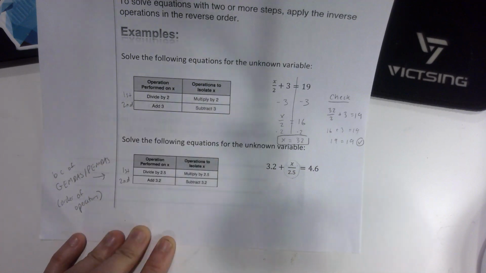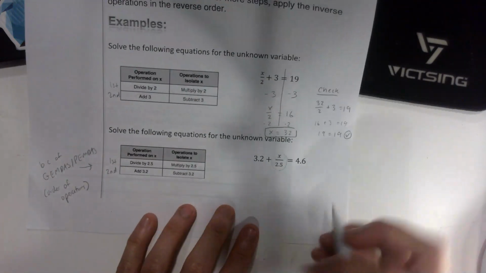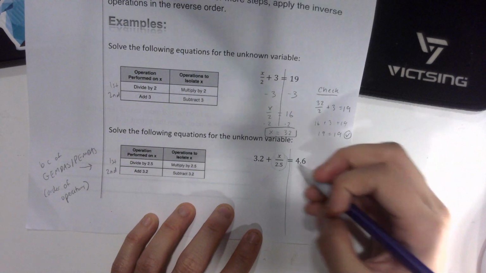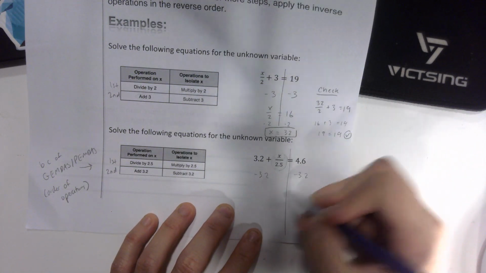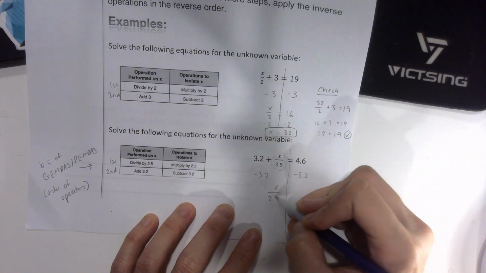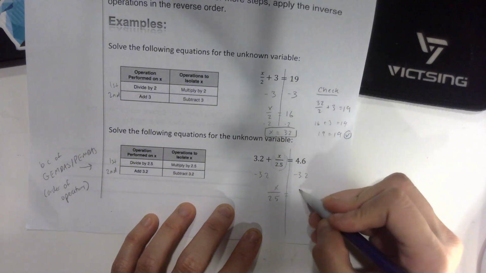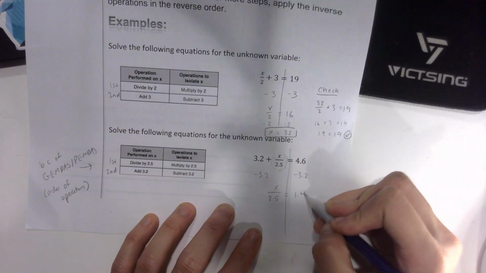So you always want to think in reverse. We have our equal sign, and we minus 3.2. We're left with just x over 2.5 equals 1.4.